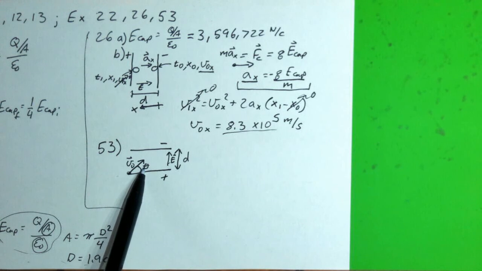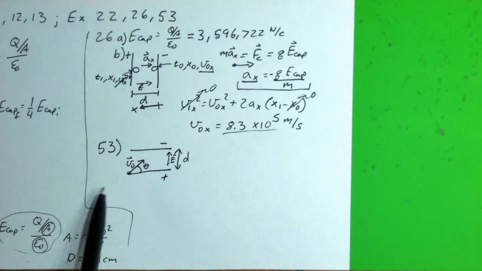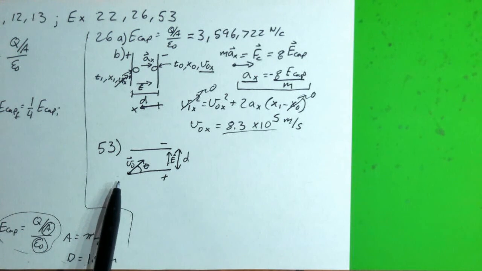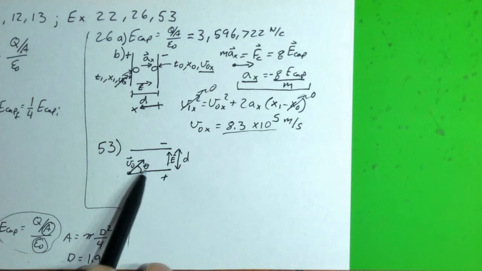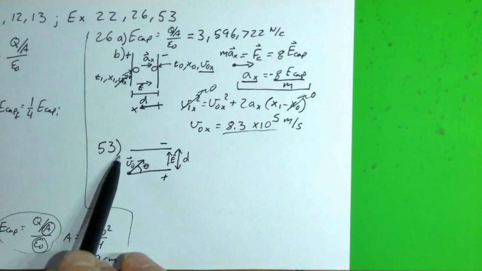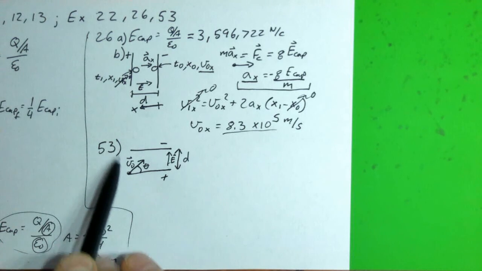Since we're given this angle, we know the component of the initial velocity upward, or at least we can write that in terms of the total velocity and this angle. Then this becomes not too different from the previous problem at all. So I'm going to let you explore this problem and apply it to the last one, recognizing that you can break this into components and consider just the component across the plates.